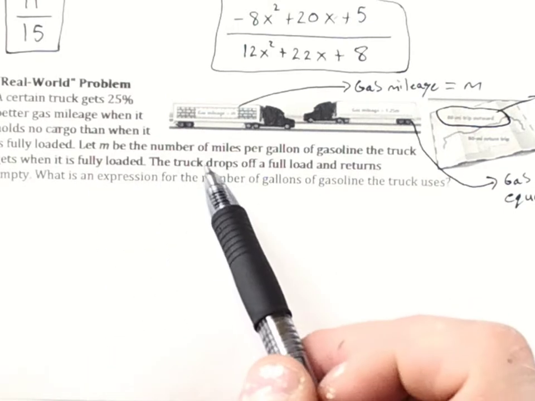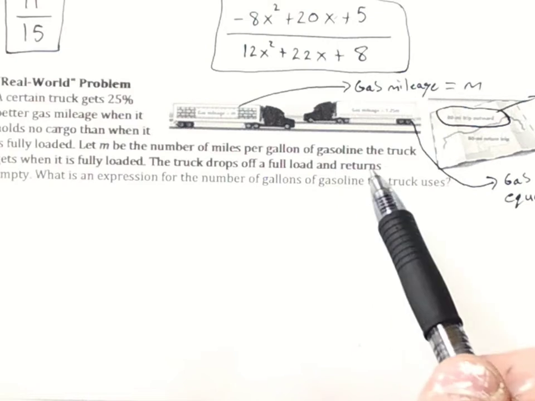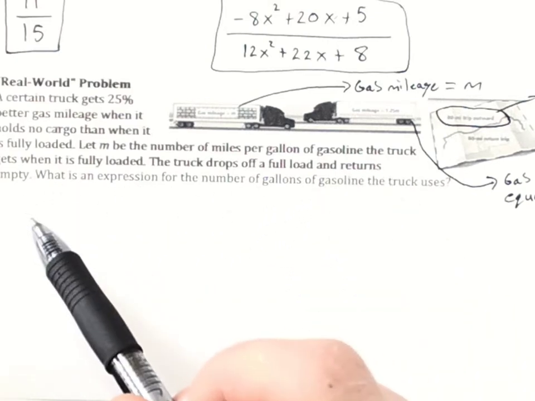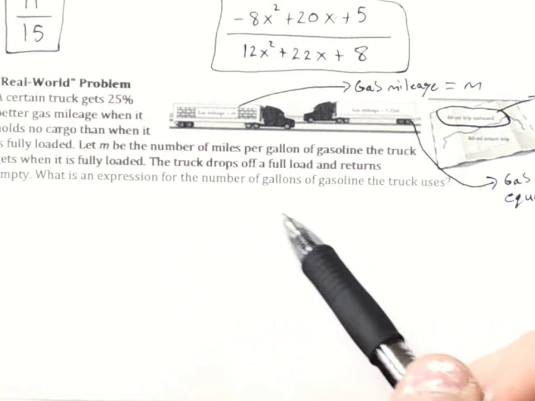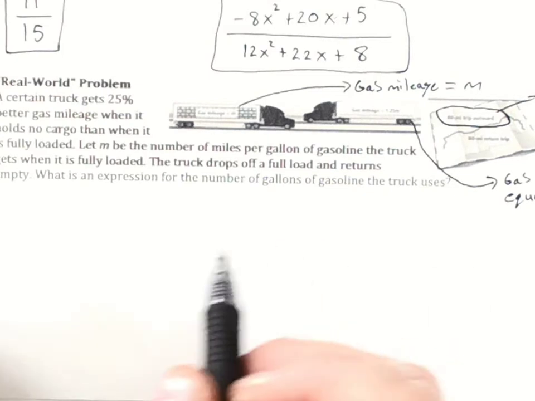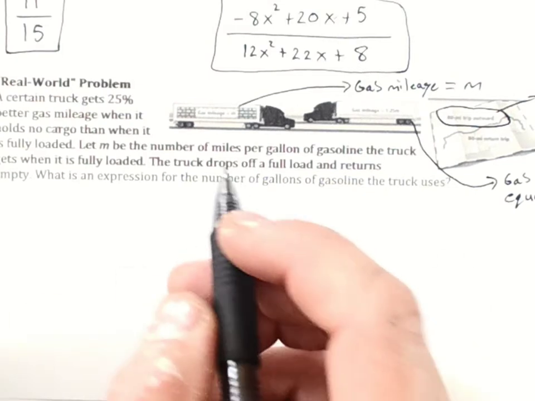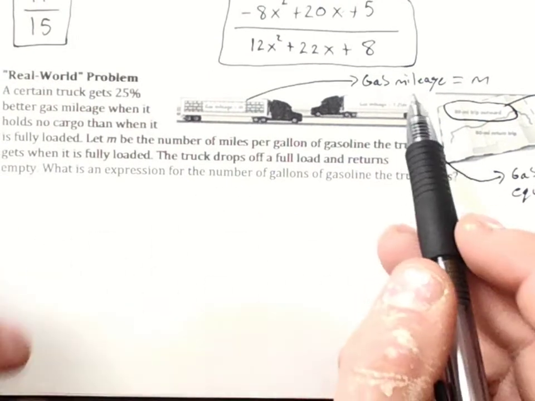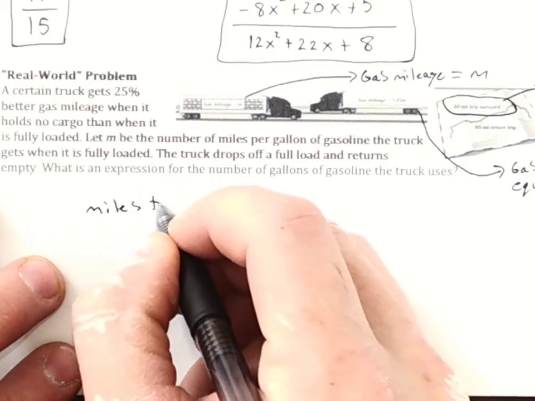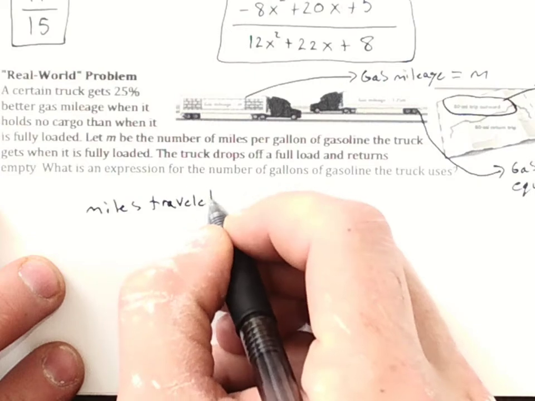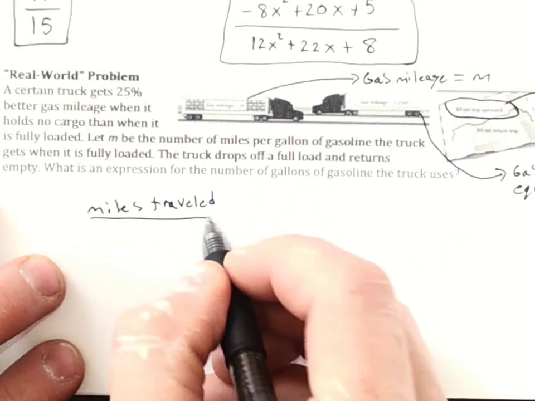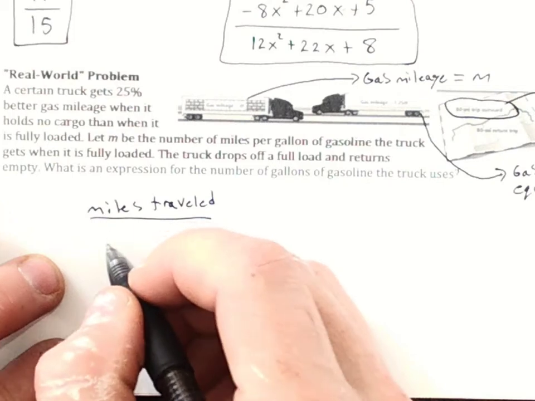So let M be the number of miles per gallon of gasoline the truck gets when it's fully loaded. The truck drops off the full load and returns empty. What is the expression for the number of gallons of gasoline the truck uses? So you take your mileage, which is miles traveled, divided by the gallons used.